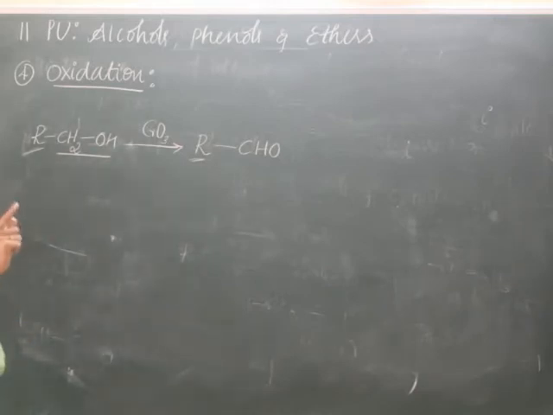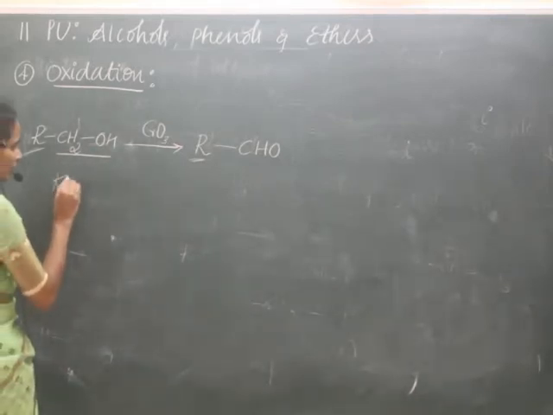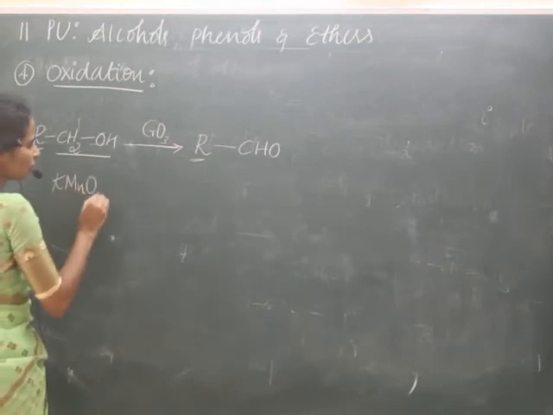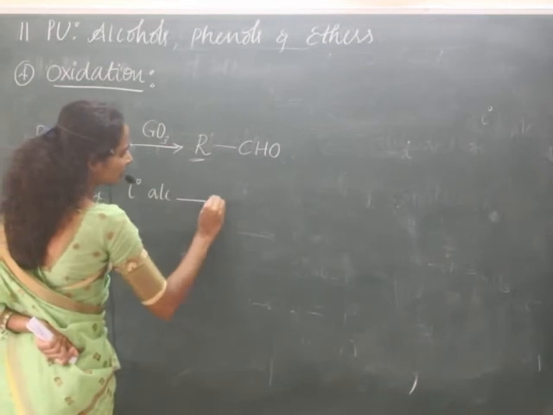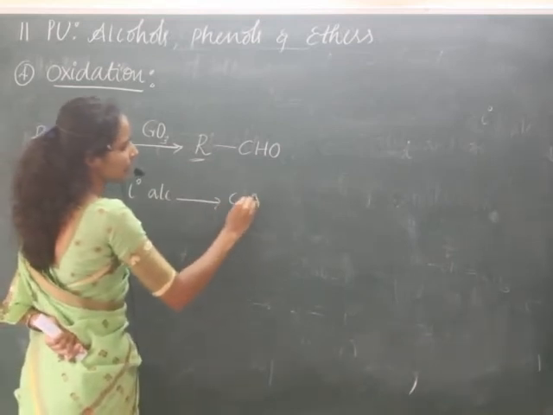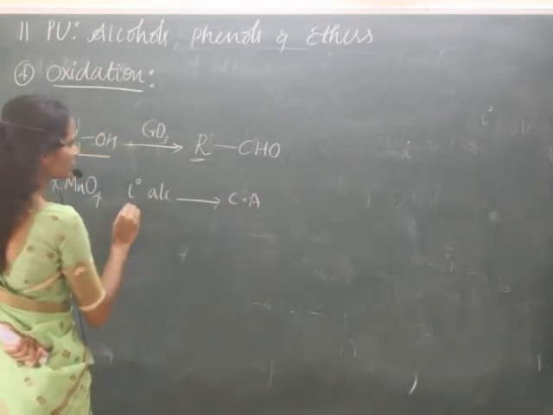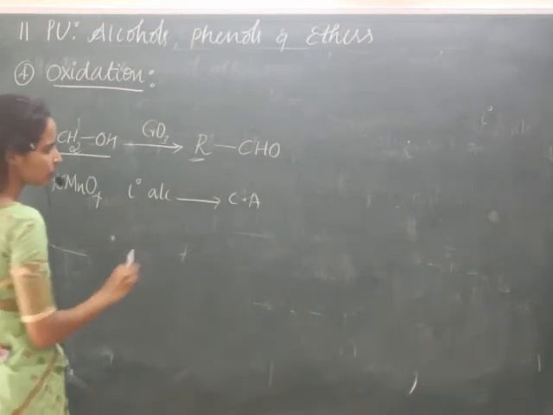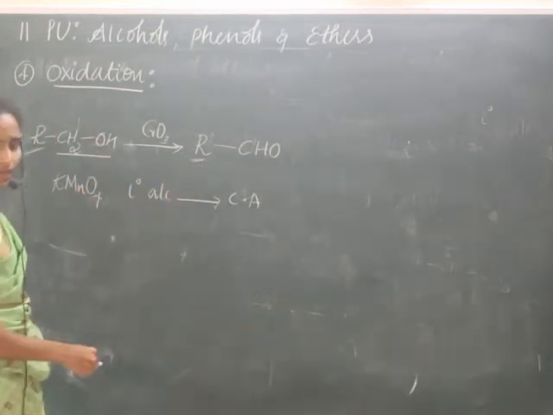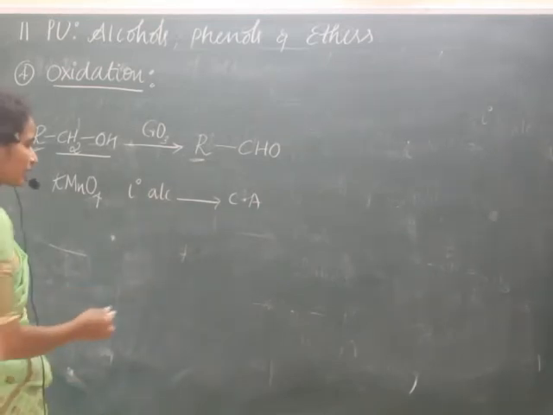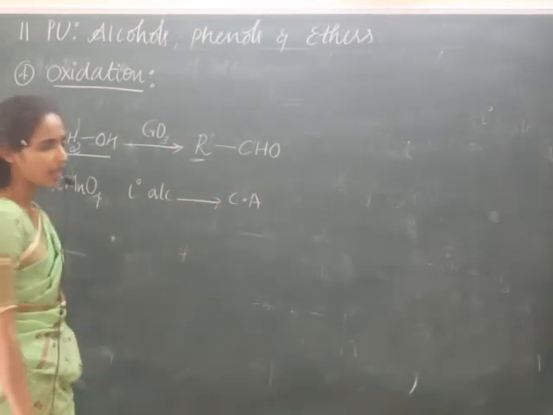In presence of strong oxidizing agents like potassium permanganate, KMnO4, primary alcohols directly give carboxylic acids without the formation of intermediate aldehyde, RCHO.